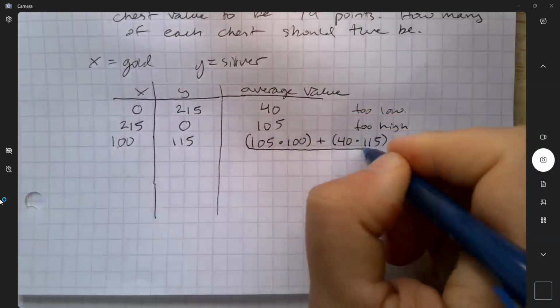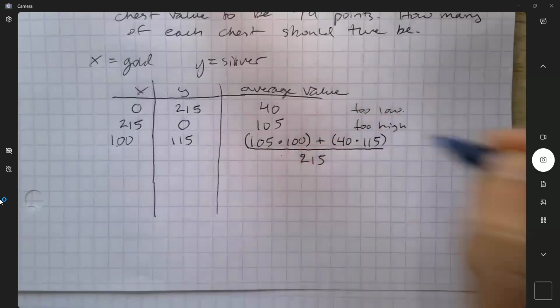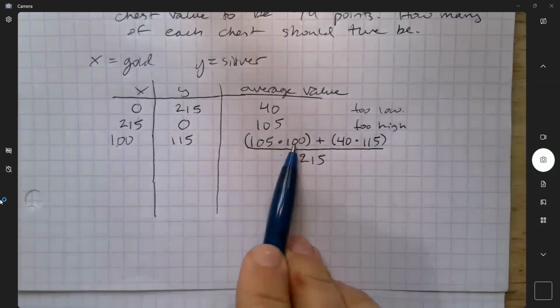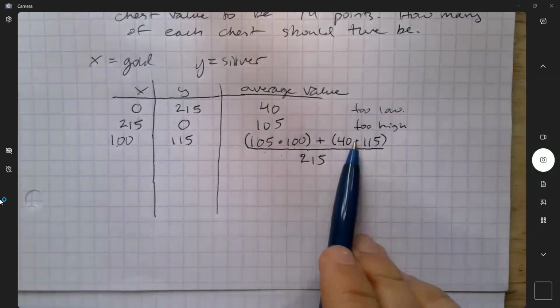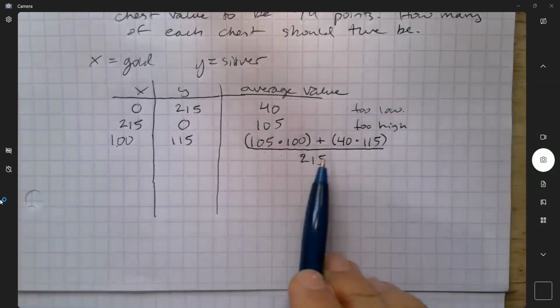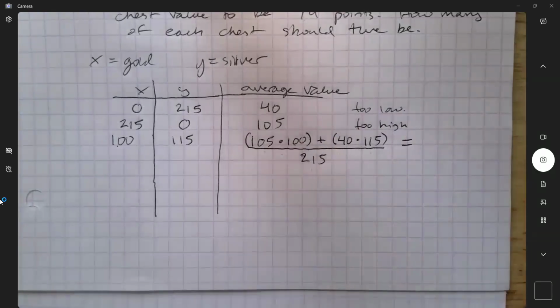And I can get my average if I divide by the total number of chests. 105 times 100, that's the value of all the gold chests. 40 times 115, that's the value of all the silver chests. 215 chests total. So I can do that division and figure out what the average chest value is.